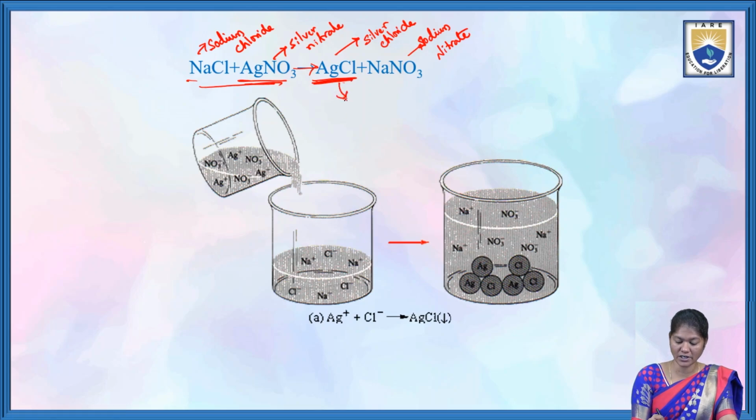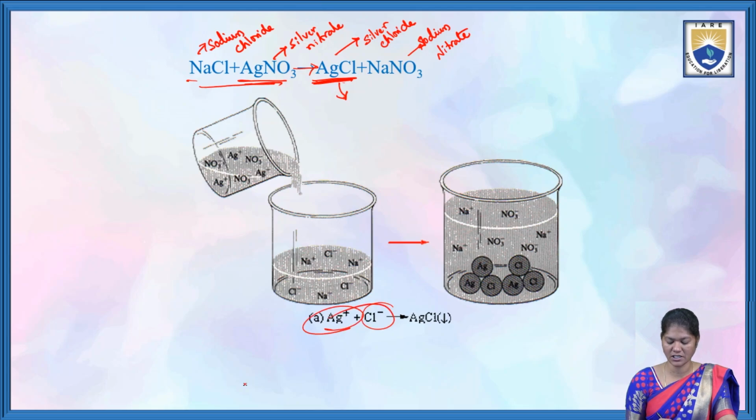This silver chloride does not dissolve in the water. The same thing we are seeing here: Ag plus ions are there, Cl minus, so AgCl is there.